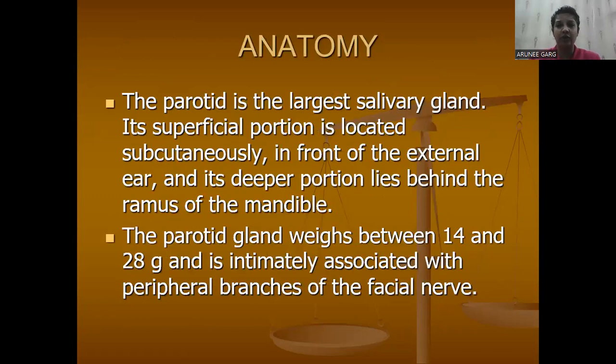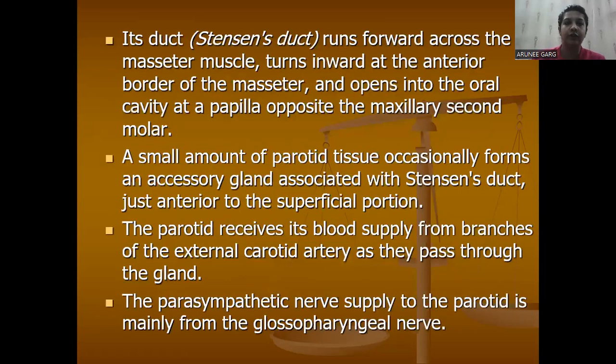Coming to the anatomy of the salivary glands, the parotid is the largest salivary gland. Its superficial portion is located subcutaneously in front of the external ear, and its deeper portion lies behind the ramus of the mandible. So it consists of two parts, superficial and deep. The parotid gland weighs about 14 to 28 grams and is intimately associated with the peripheral branches of the facial nerve.